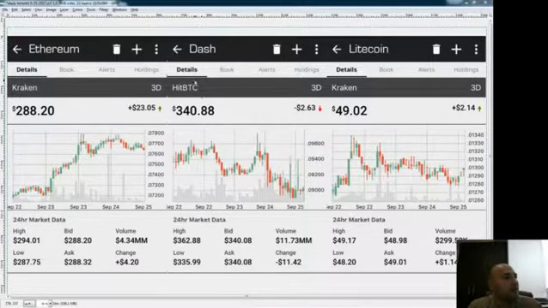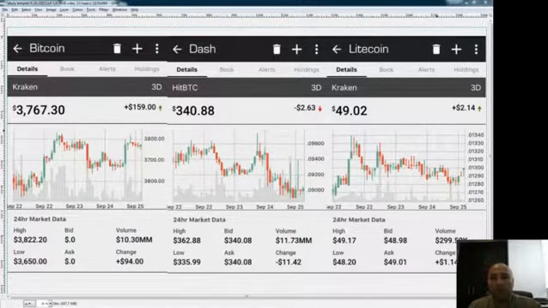And this is still image. And now it went back down, just forming the W. See this W that we were looking at. Now I want you just to ignore LiteCoin for a second. Just look at Bitcoin versus dollars and Dash versus Bitcoin.